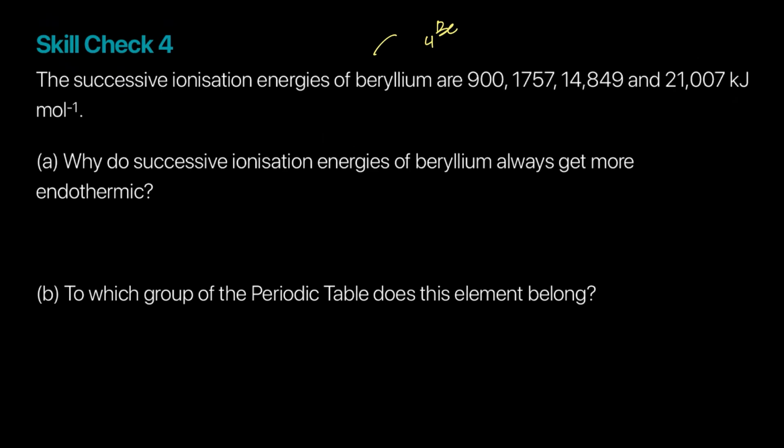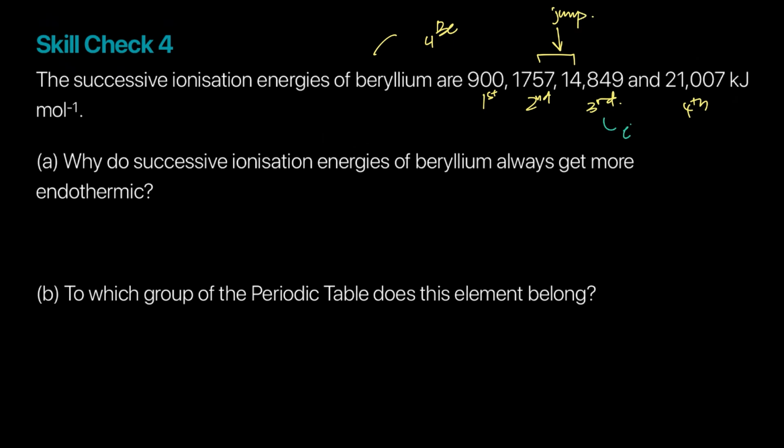Now let's take a look at the next part. There I want to know which group this element is from. Obviously, if you don't look at the periodic table, you've got to use the evidence. So the evidence is you've got to look for the largest jump. This is the first, second, third and fourth ionization energies given, and you've got to figure out where the largest jump is. It's clearly between the second and the third ionization energy.